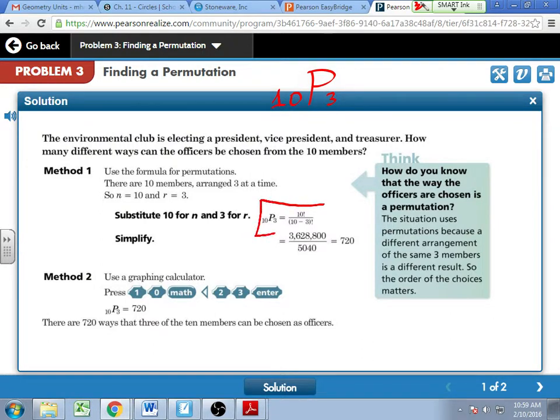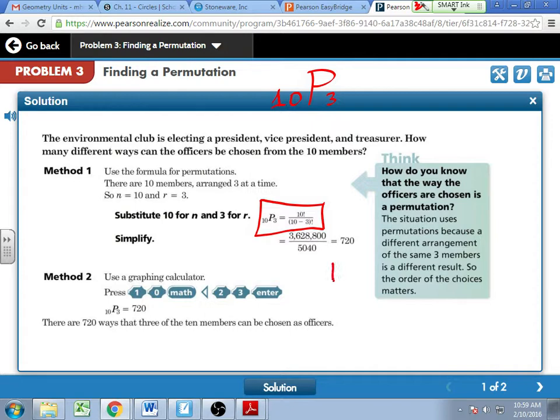Your denominator comes from the difference, like how many people or places have not been chosen. If you are choosing 3 people and you have a 10-person organization, 7 aren't getting chosen.